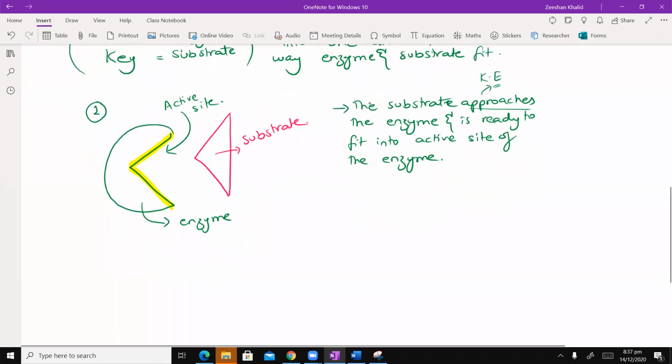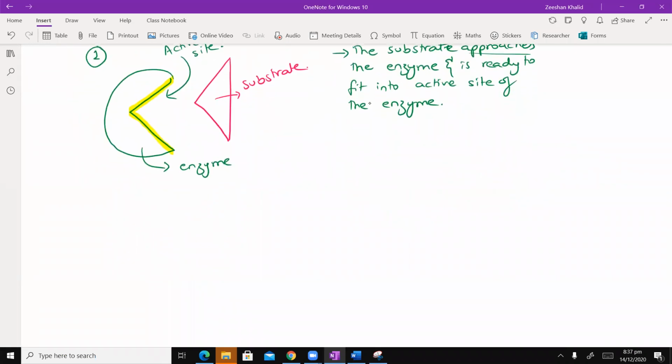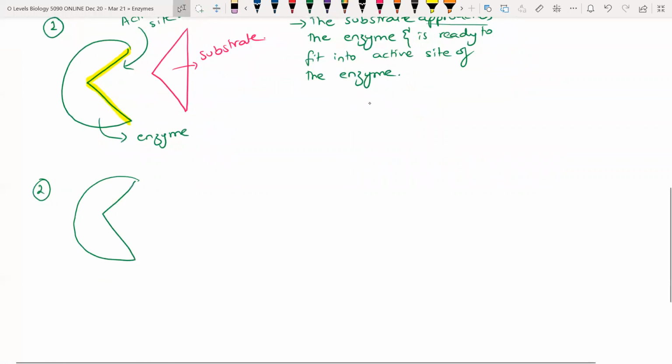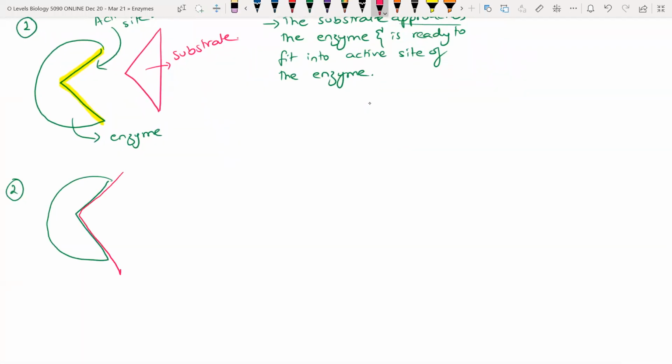Okay, challenge. So that's step number one. Step number two, and that step number two is very important actually. The substrate actually enters the active site. So let me redraw that, and let me use the same color that I used. So the substrate literally enters the active site like this, okay?